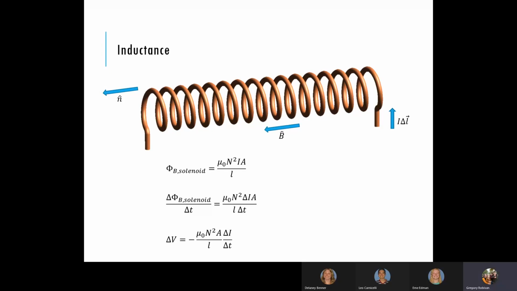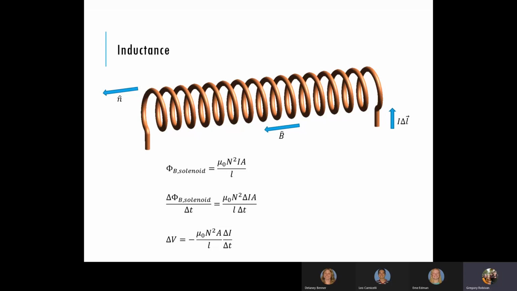Just like when we're dealing with a capacitor, the capacitance deals only with the geometric properties of the plates. Here, the inductance deals with only the geometric properties of the coil of wire: the number of coils, the length of the solenoid, the area of the solenoid.